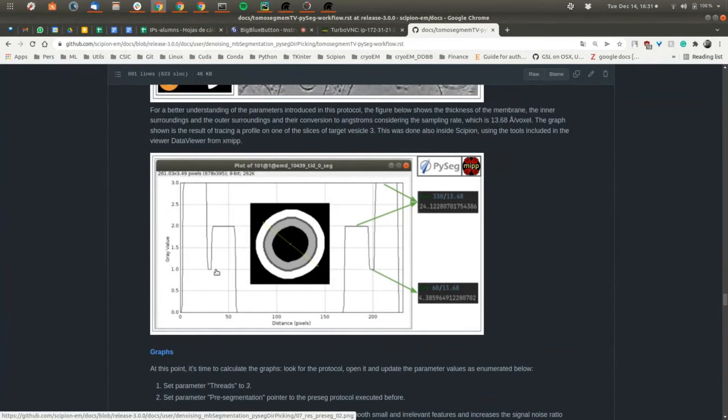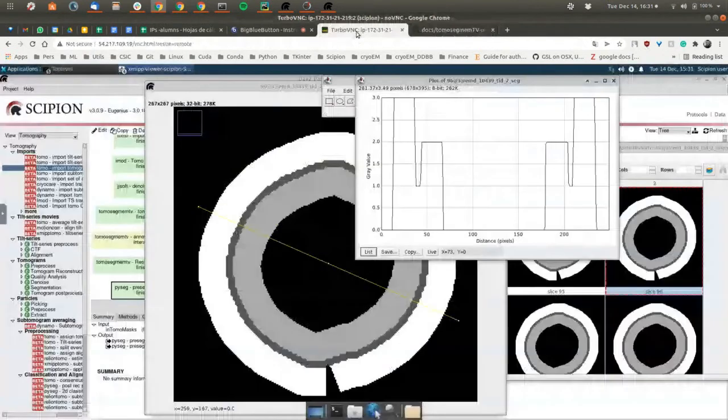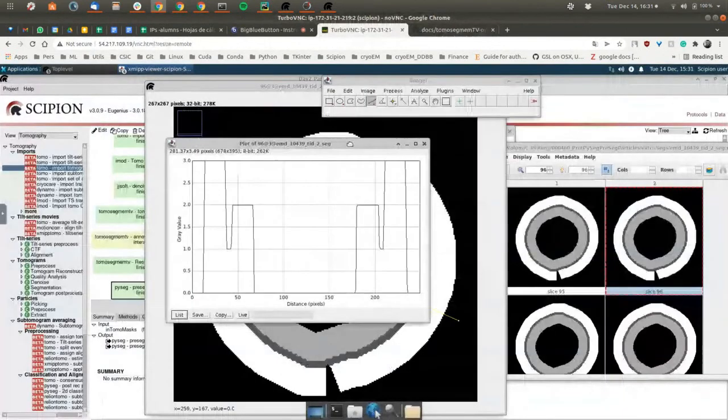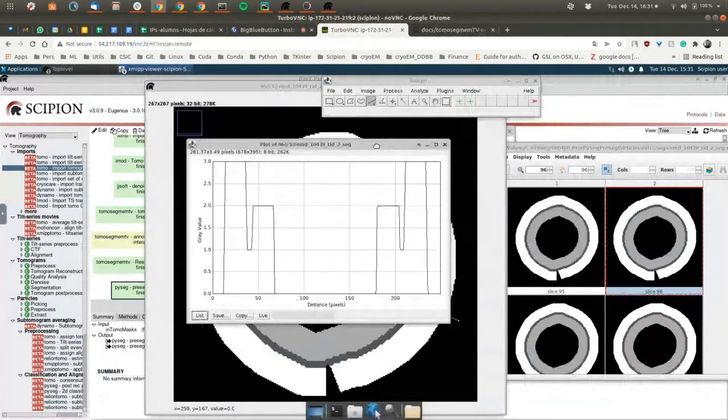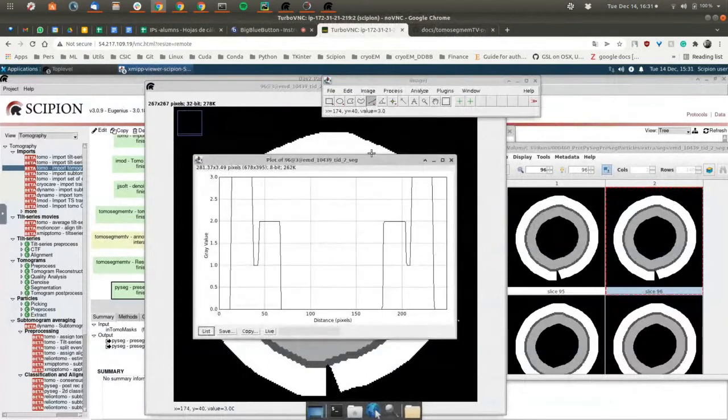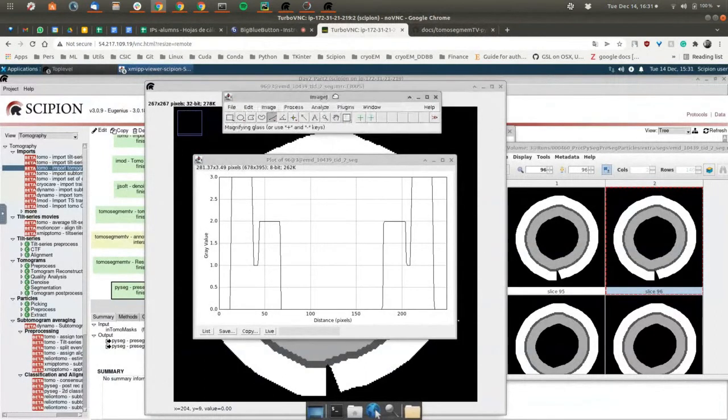The profile is just explicative. It's a little bit out of the scope of this course, and maybe most of you, the ones familiar with Scipion, will know about it.